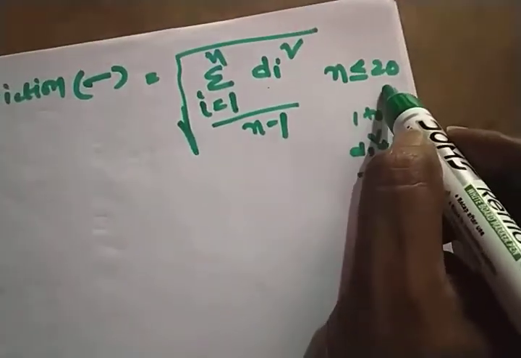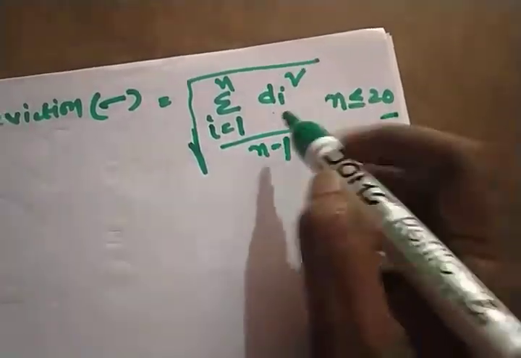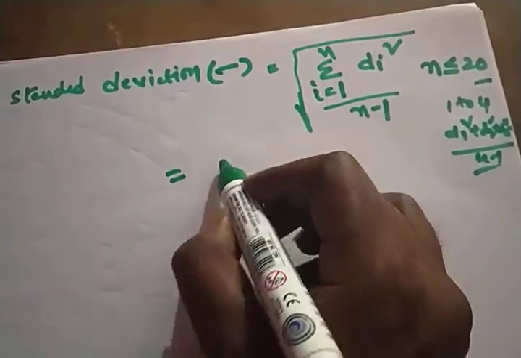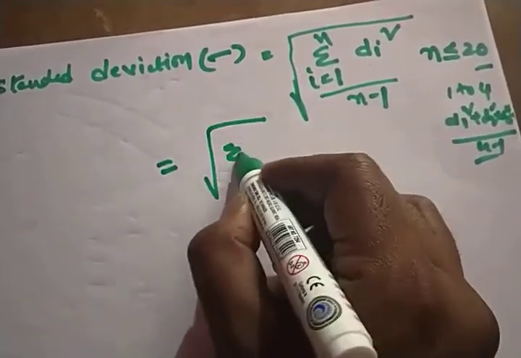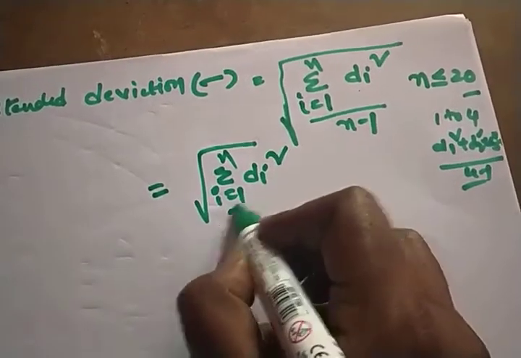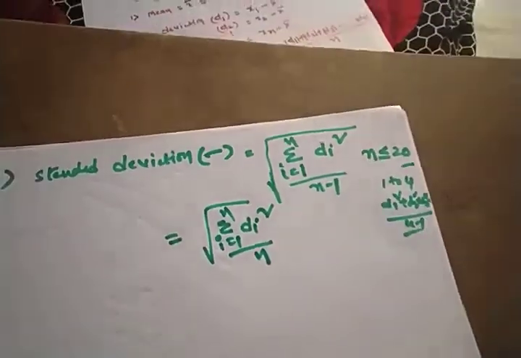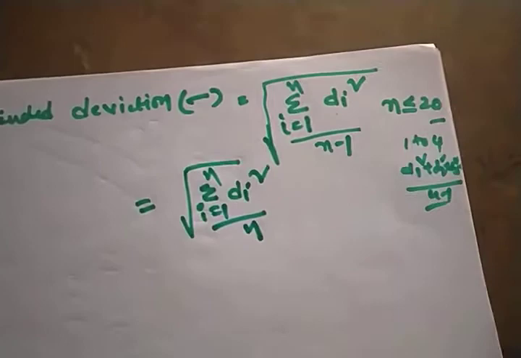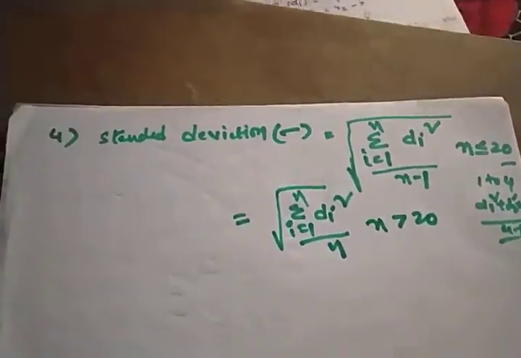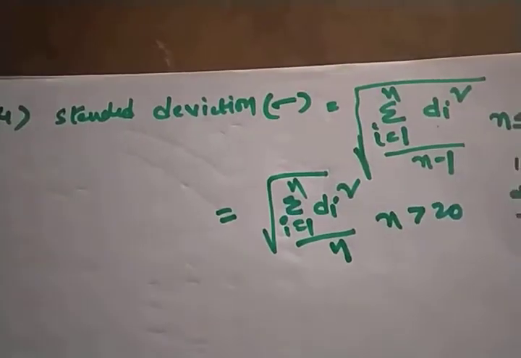So up to now you have to calculate. If n is less than 20, this is the formula. If n is greater than 20, the standard deviation is the square root of the sum from i equals 1 to n of di square, divided by n only. You don't use n minus 1 for n greater than 20. So this is the standard deviation.